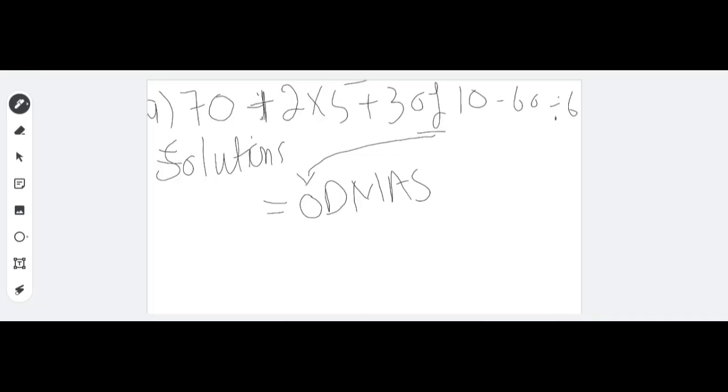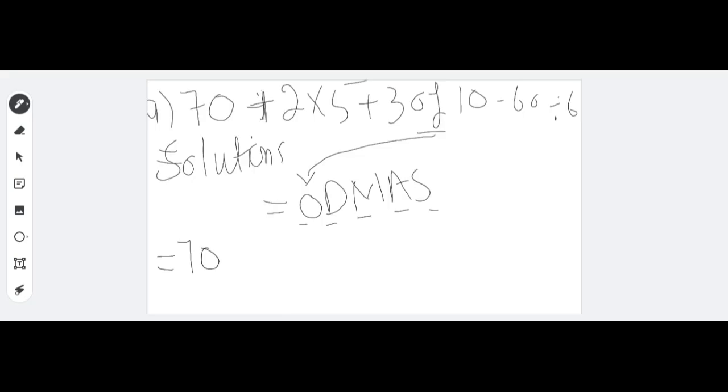First we have to solve the O, then D, then M, then A and S. So here the of is between 3 and 10. Now I have to remove the of and put which sign? Multiplication. Remember that if there is any of between two numbers, we have to multiply those numbers. 3 times 10.